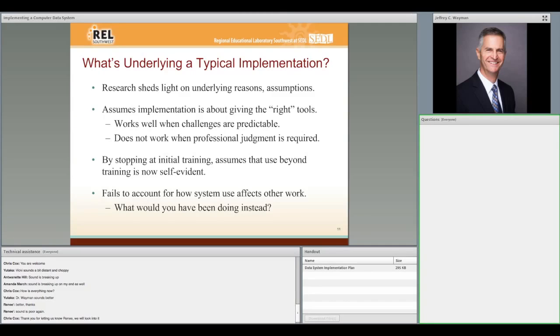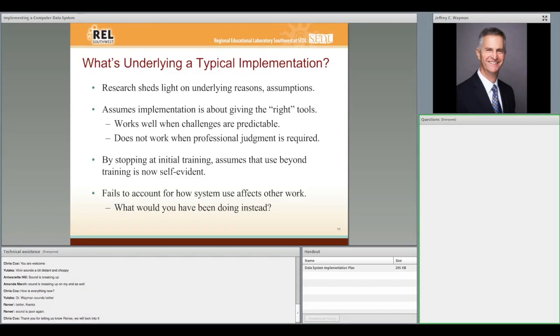The research tells us that that approach works well whenever things are predictable, like in a factory or an assembly line, where you know that this one input will bring this outcome.